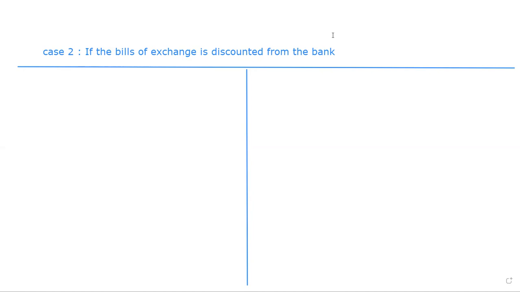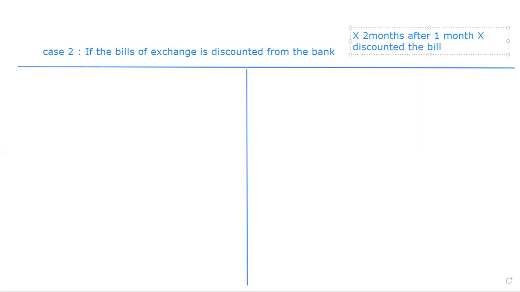X and Y are there. X draws the bill for 2 months. But after 1 month, X discounted the bill.